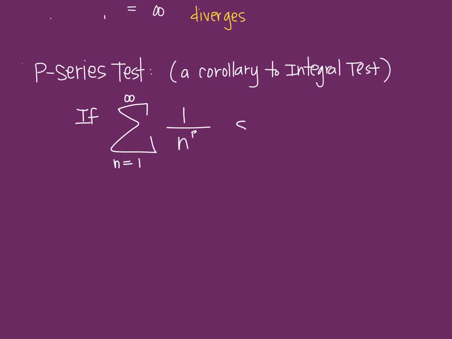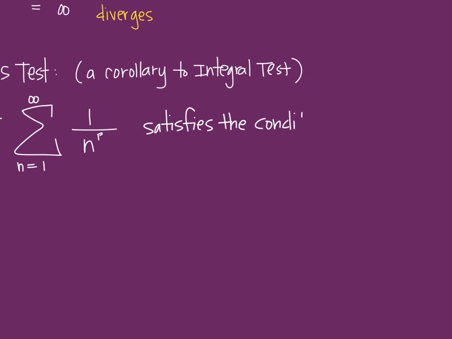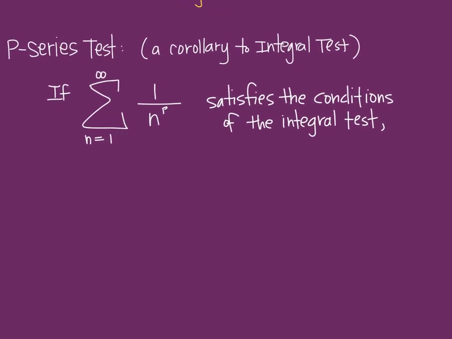All right, so if that satisfies the conditions of the integral test, in other words, continuous, positive, and decreasing, we can basically bypass the integral test and jump right to the p-series test, just saving us time.